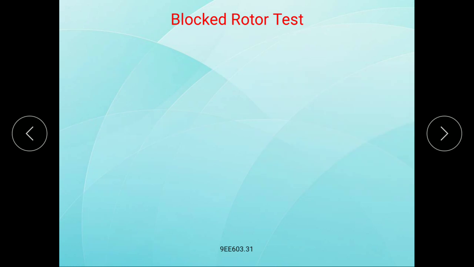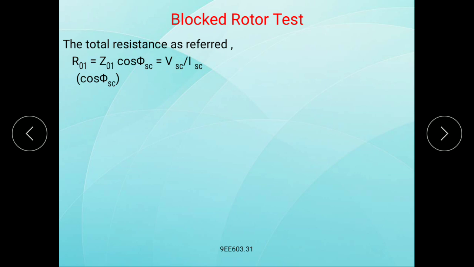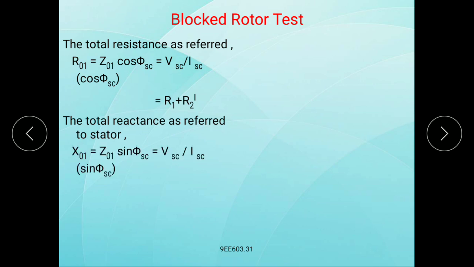Here the total resistance referred to the stator: R01 is equal to Z01 cos phi SC. Here Z01 is VSC by ISC. That is R1 plus R2 dash, the total resistance as referred to the stator side.